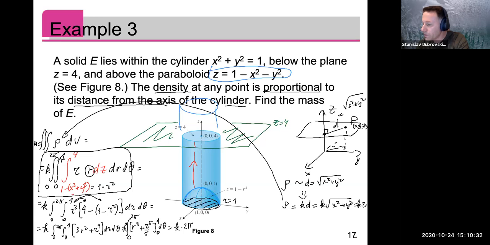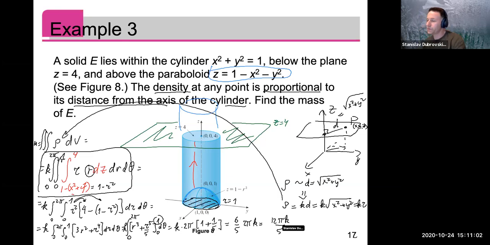And what do we have in parentheses here? We can just plug in 1. That's the only contribution. On the bottom, we have none. So we have 1 plus 1/5. We'll get 6/5 times 2 pi k. So 12 pi k over 5.